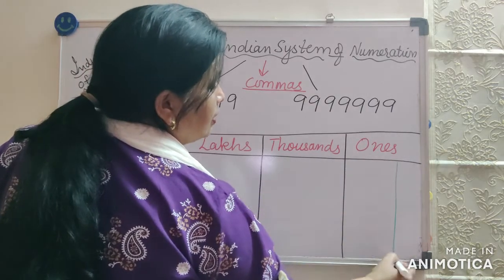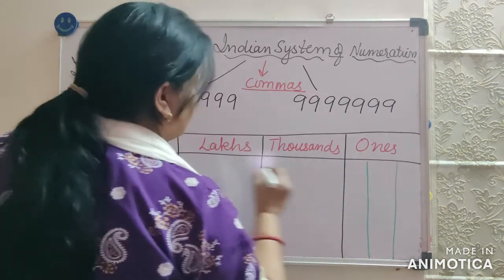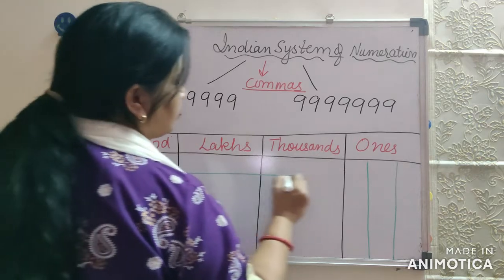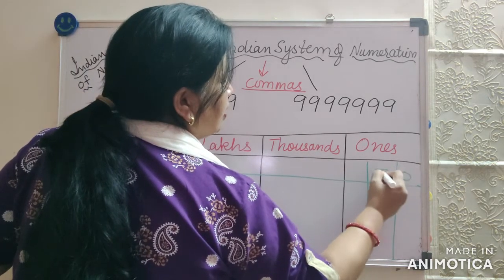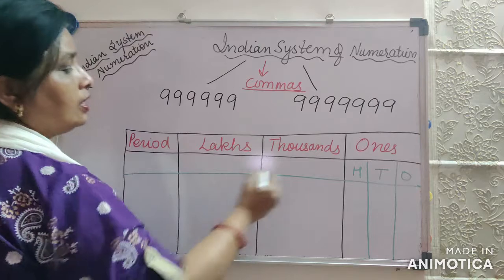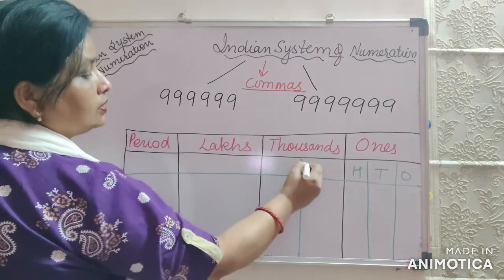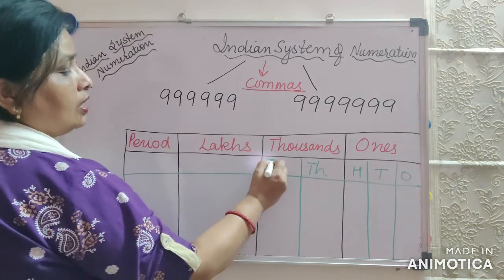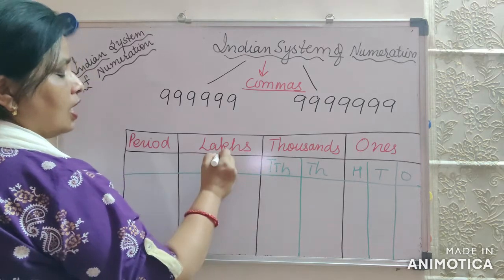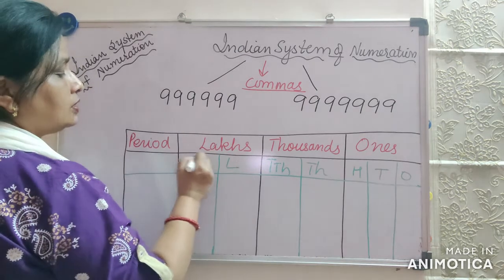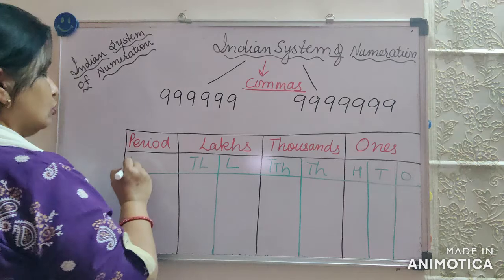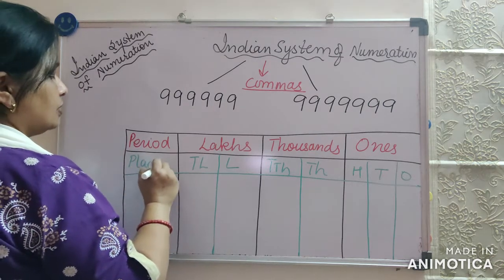What are those 3 places? Ones, tens and hundred. Then in thousands you will get only 2 places, 1,000 and 10,000. In lakhs again you will get 2 places, lakhs and 10 lakhs. So these are the places.